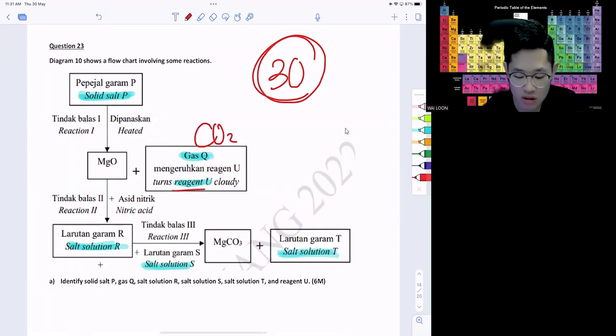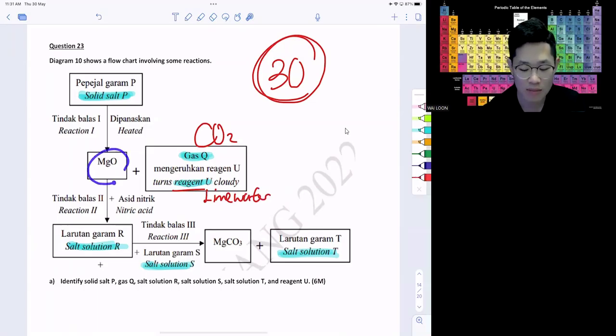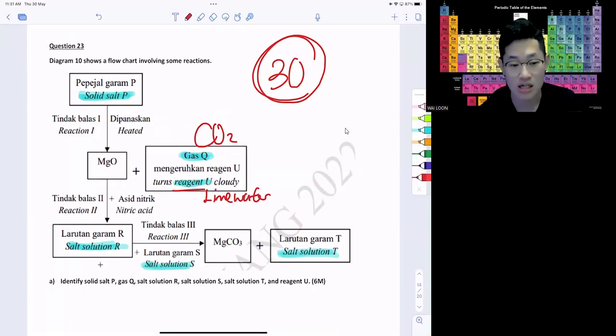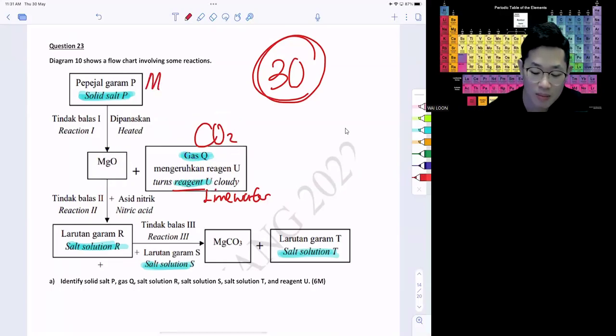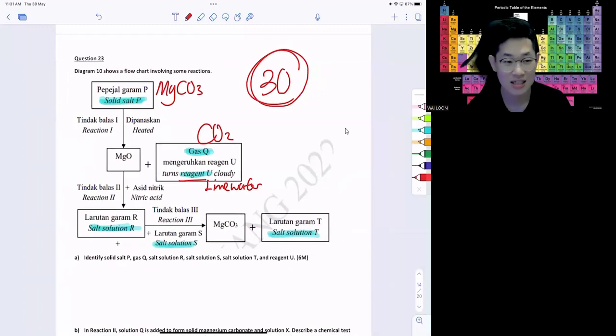To test CO2, we need lime water. So MgO and CO2 come from the salt magnesium carbonate. Is that okay?